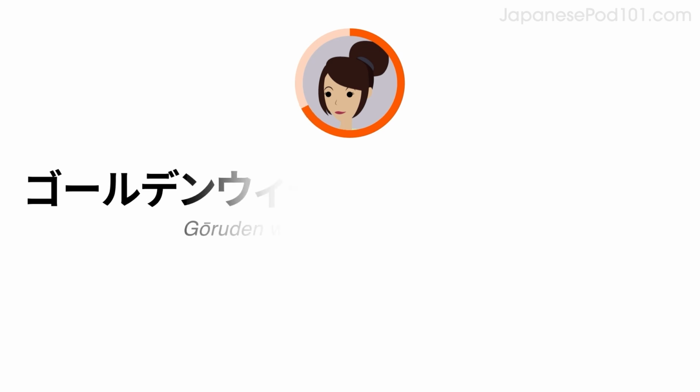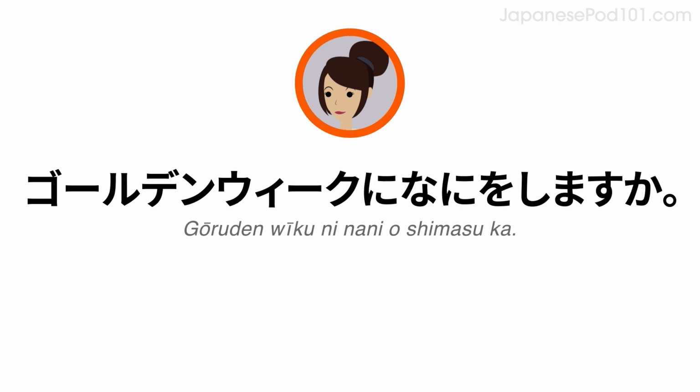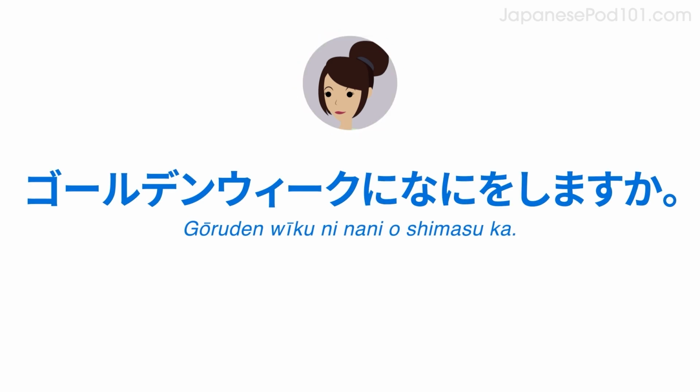Okay, now it's your turn. Do you remember how to say, "What are you doing for Golden Week?" ゴールデンウィークに何をしますか？ Imagine you're planning to travel.